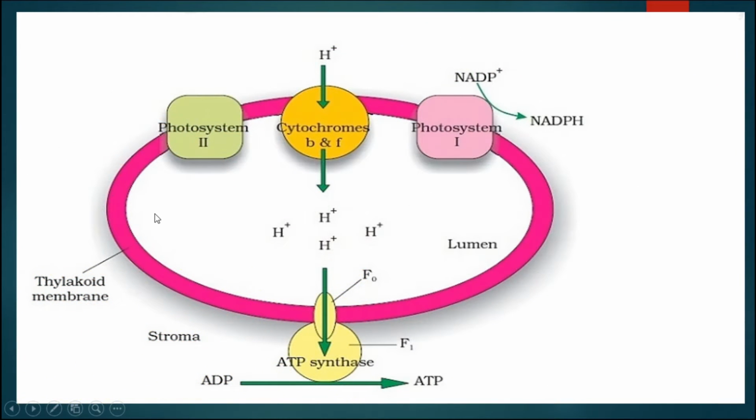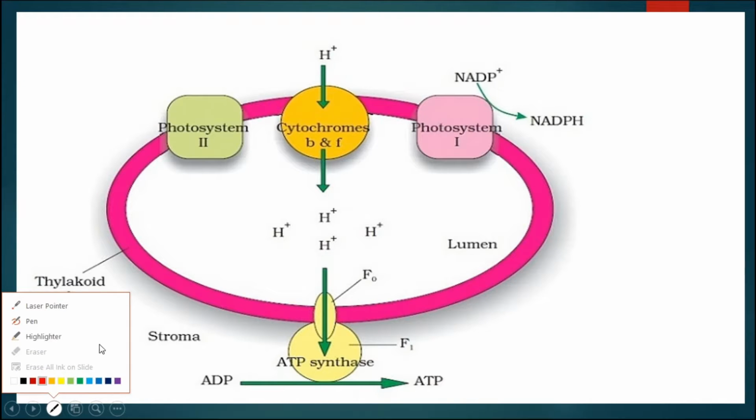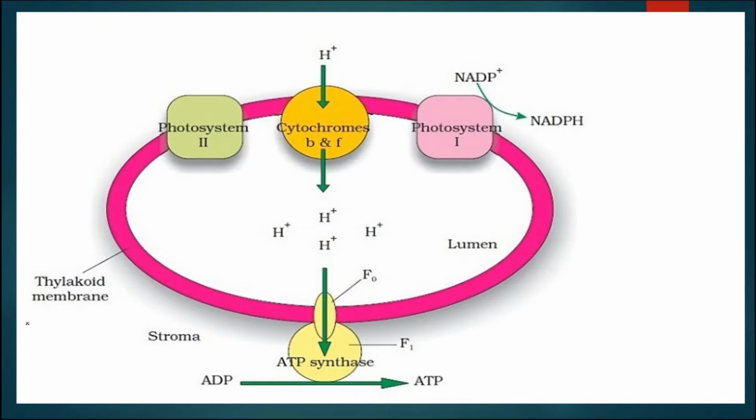This slide is showing the structure of the lumen of the thylakoid membrane as well as the stroma, in which chemiosmosis takes place. This is the lumen of the thylakoid membrane, in which pigment systems 1 and 2 and cytochrome b and f are there.